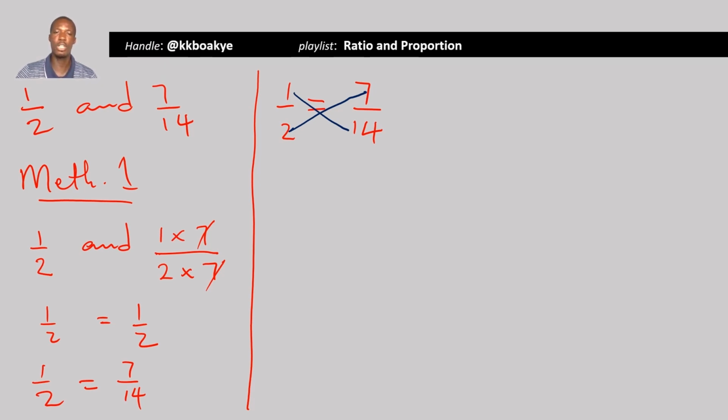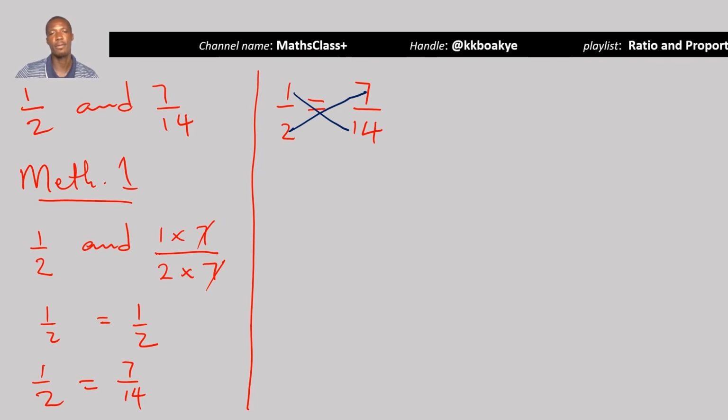When the result on either side of the equal to sign are equal, then we say the two fractions are proportional, or the two ratios are proportional. So let's do it. 1 times 14 will be 14, and 2 times 7 is also 14.